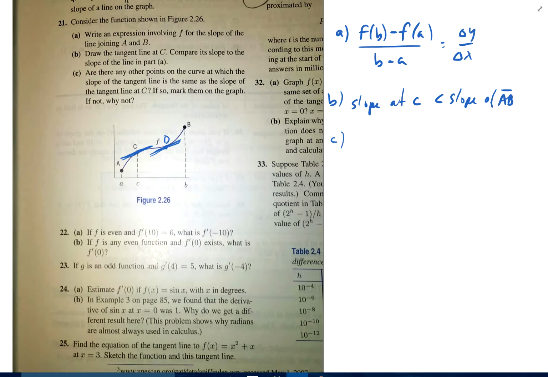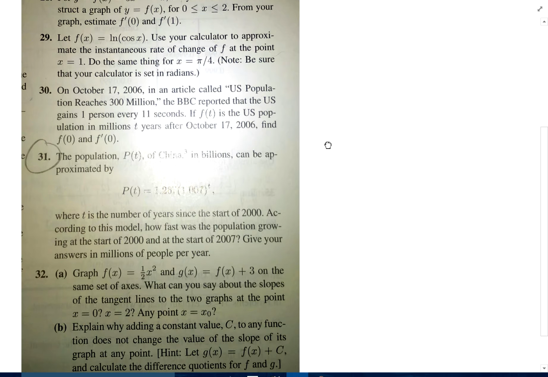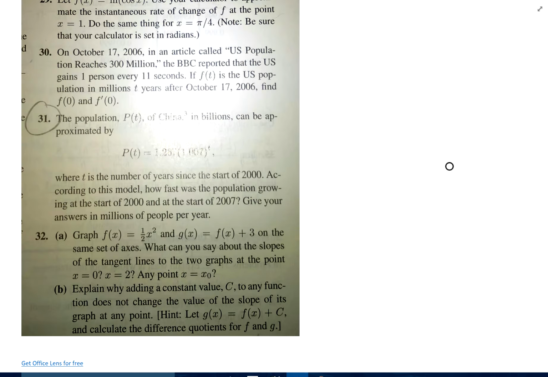Alright, let's look at 31. Population of China in billions can be approximated by P of T. This is the population at time T. I always write down what things mean so I don't forget and I don't have to keep looking back at it.